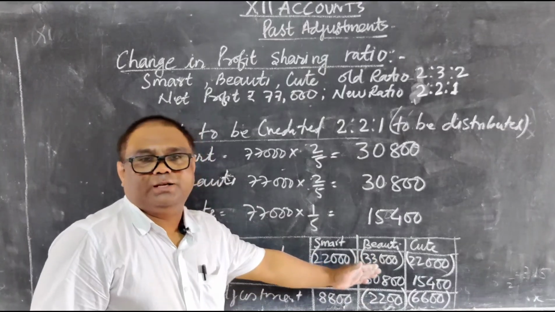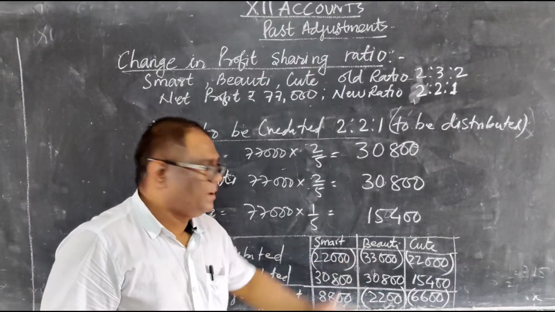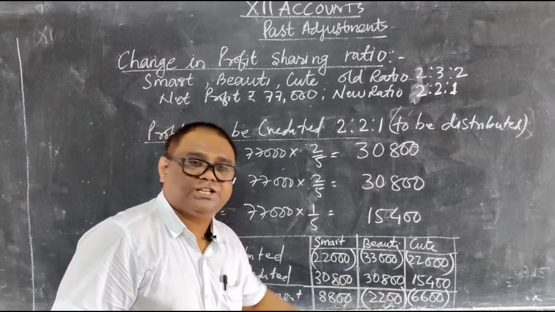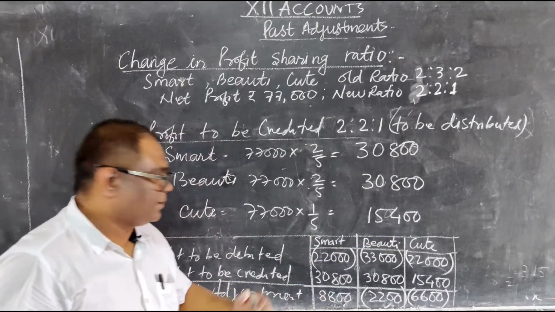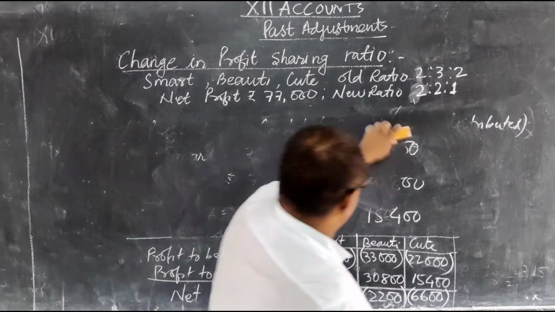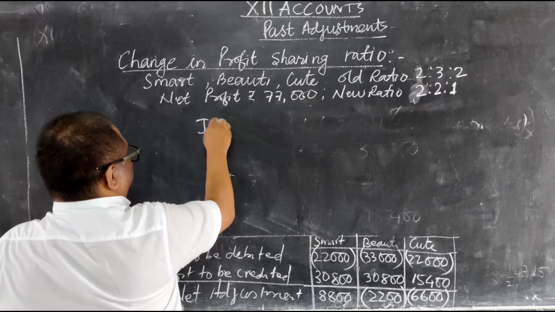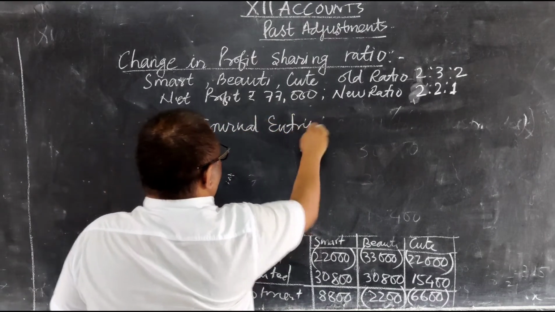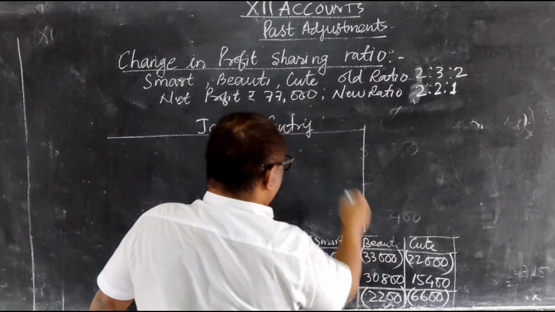So our single journal entry is: Beauty capital account debited 2,200, Cute capital account debited 6,600, to Smart capital account credited 8,800. So this is the journal entry, a single journal entry.